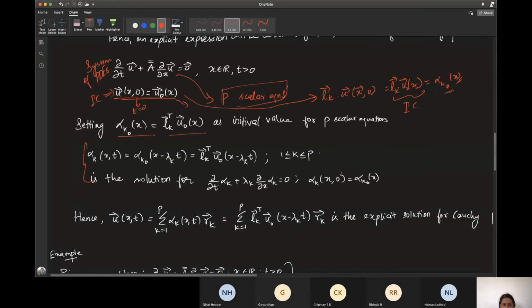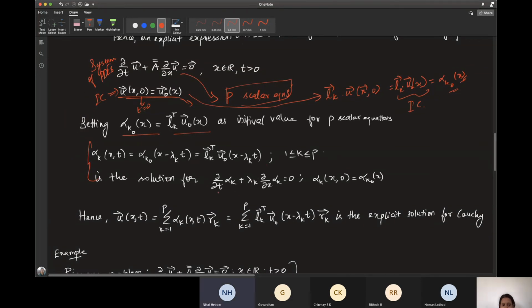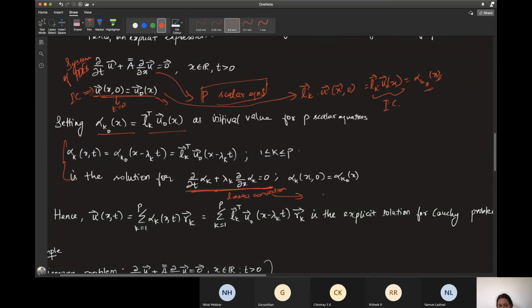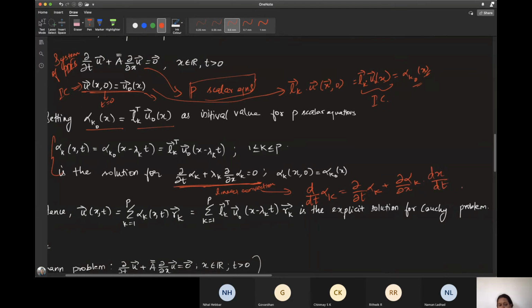We compared it with some standard equation, which is not Burgers equation, but it's d by dt alpha k equals dou by dou t alpha k plus dou by dou x alpha k into dx by dt. Remember doing this?